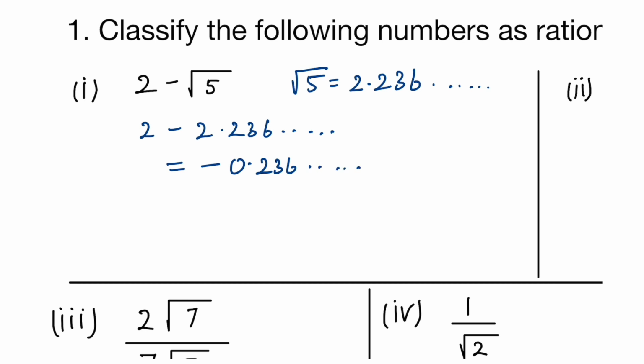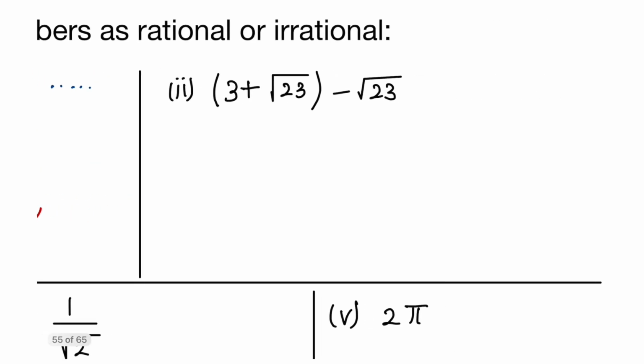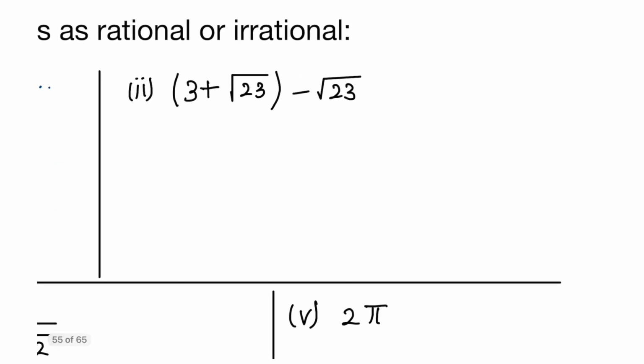So again you will be left with a number that is irrational. So this number, that is 2 minus root 5, is in fact irrational. Now these are not new concepts, we have already solved example problems with this similar format, so I hope you know that, and I hope you have seen those videos.